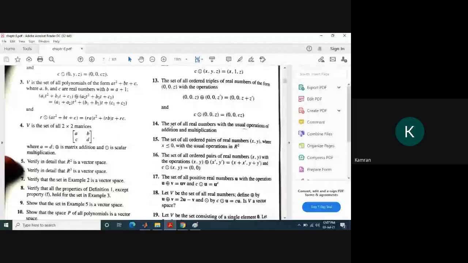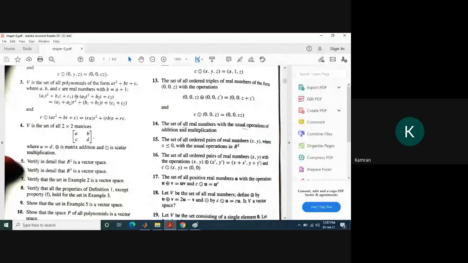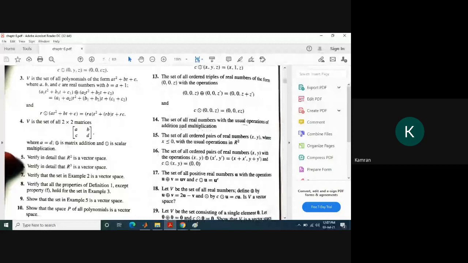Also there is 0, which is the identity element. Also for each real number, for example for 1 there is -1, which is the additive inverse. The commutative property and the associative property hold in this set, so it is a vector space.